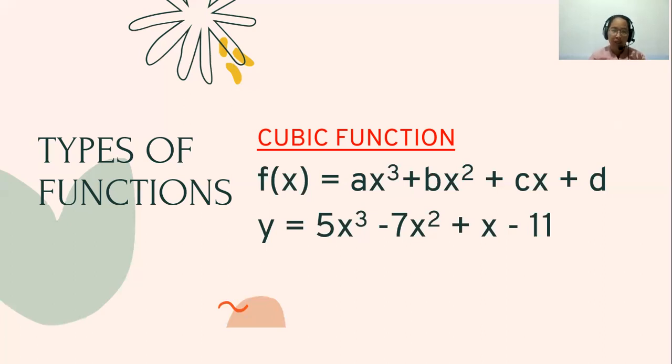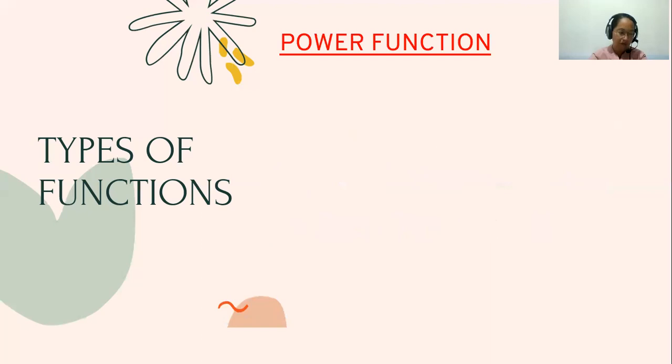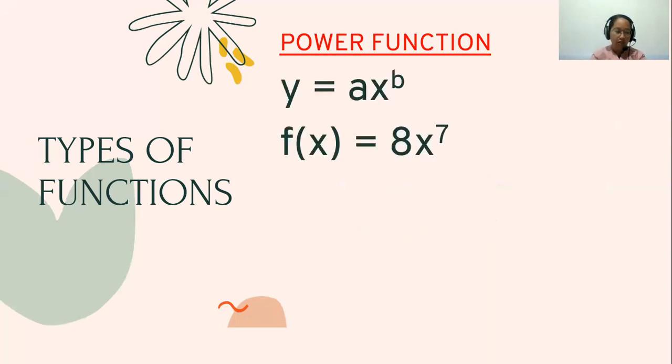So we have 3 types of functions already: the identity, the constant, and the polynomial. As we continue, we have now the power function. When we say power function, it is a function in the form of y equals ax raised to b, where b is any real constant number.